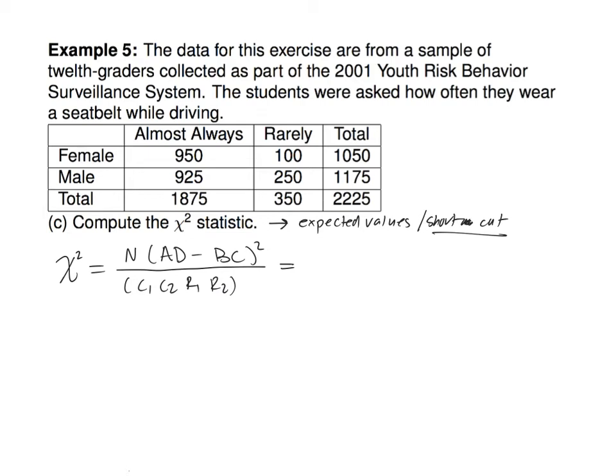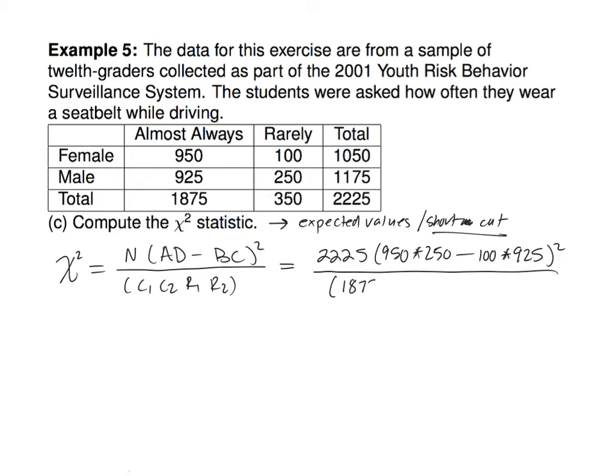Okay, N is the total N, 2225, times (950 times 250 minus 100 times 925) squared, over 1875 times 350 times 1050 times 1175. If you put parentheses where I put them, you should be able to enter this in your calculator in one fell swoop.